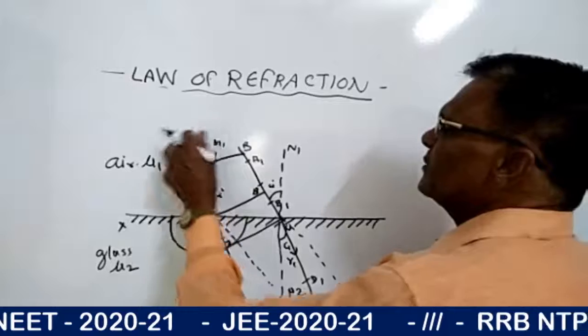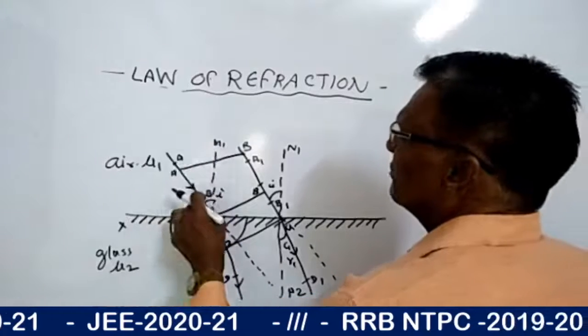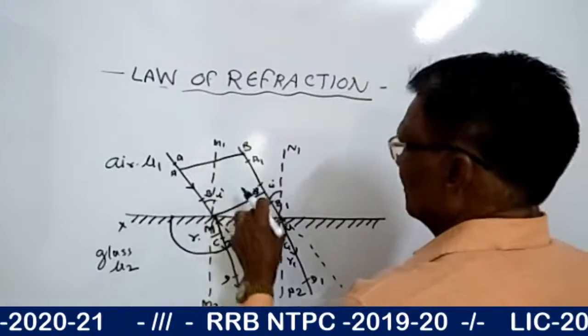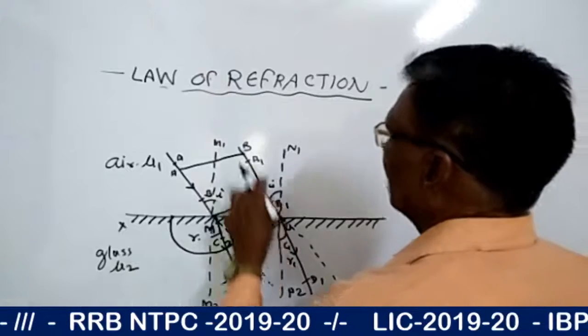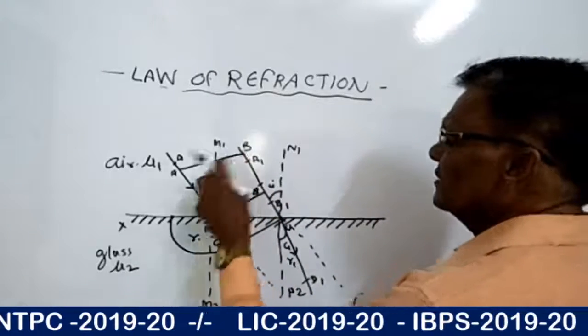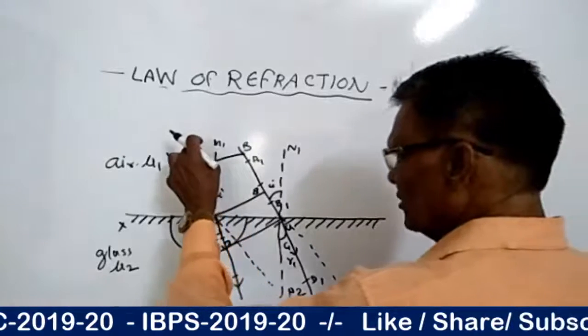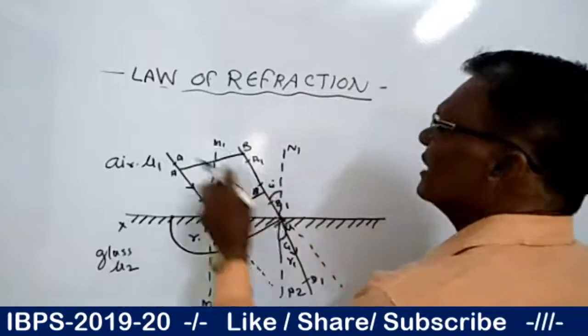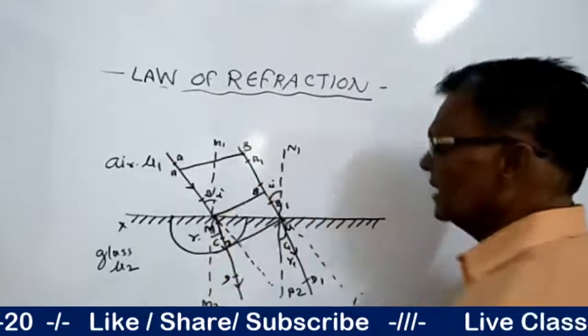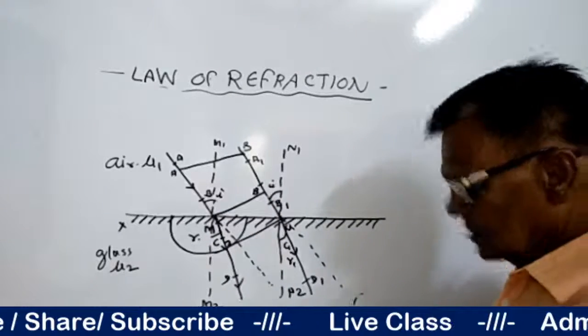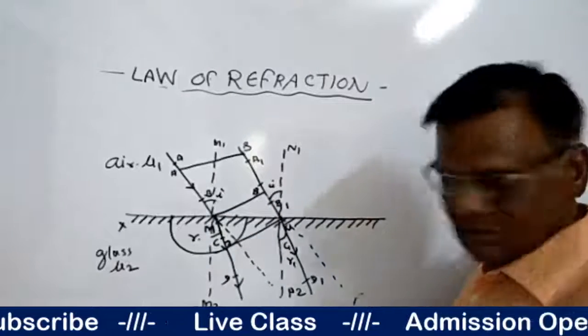Next point, all the rays between A, B and A1, B1 will come in the form of waves, and wave theory implement from this end to this end, that is AB to PB in t seconds.